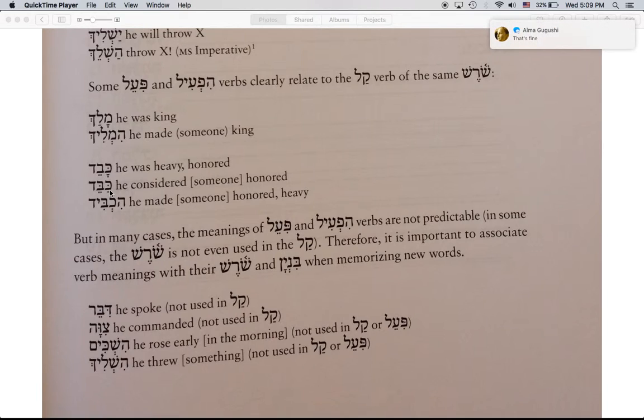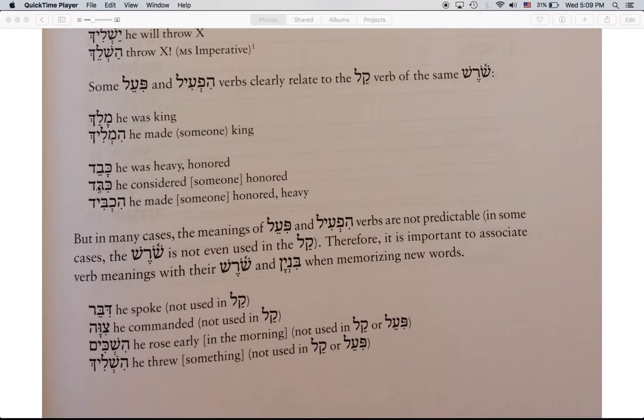And then here we have the piel, kibbed, he considered someone else to be honored. He considered someone to be honored, and that someone has to be supplied, the object later on. And the hiphil, hikhbid, he made someone honored, or he honored someone, or he made someone heavy. So it's adding that causative sense.